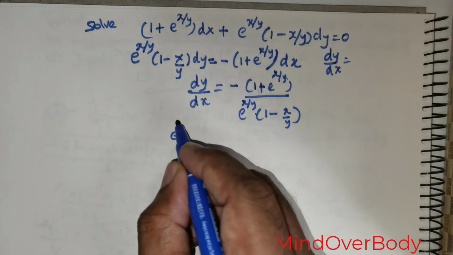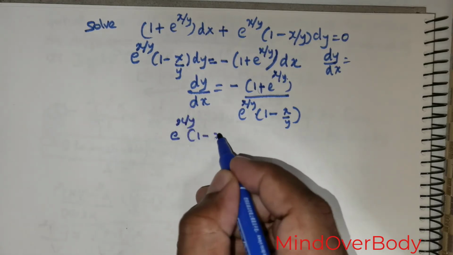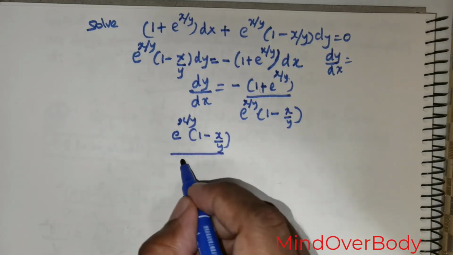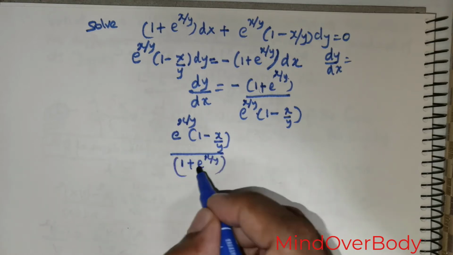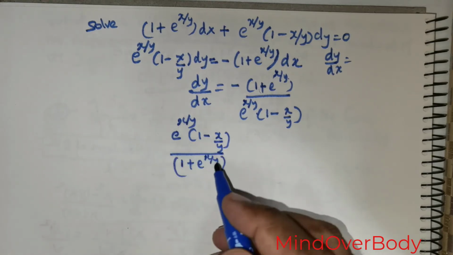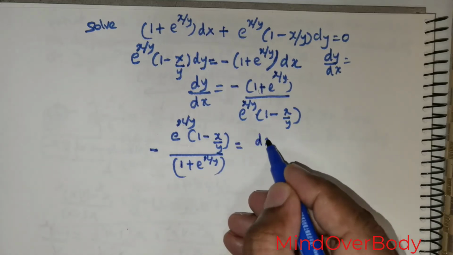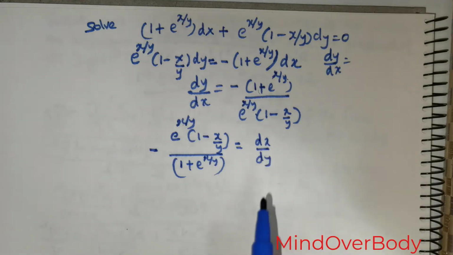This is going to be dx over dy is equal to negative of e raised to the power of x over y times 1 negative x over y, divided by 1 positive e raised to the power of x over y, because the quantities are all x over y.